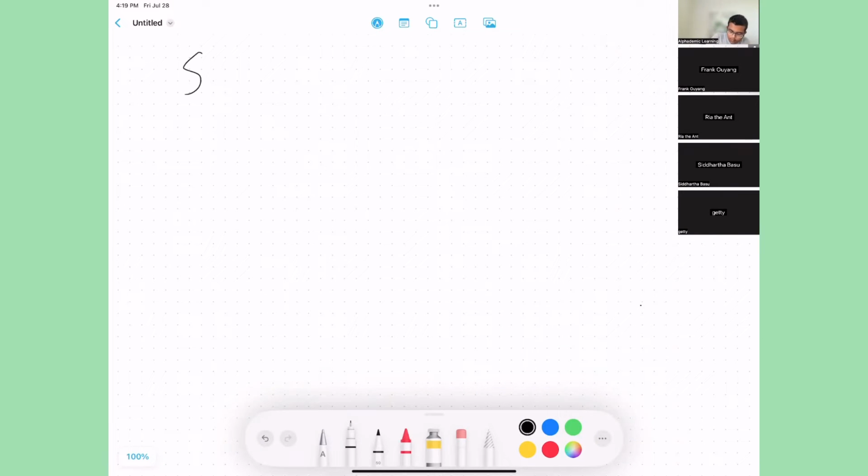The next type of congruence is SSS. This stands for side congruence.